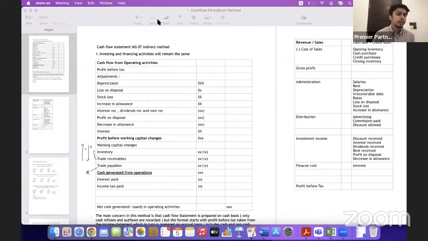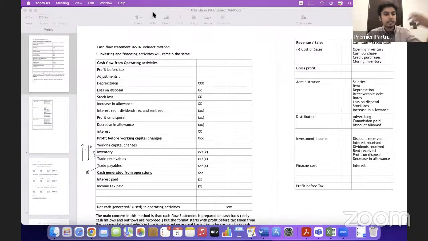Right. And guys, one more thing that you should know is for your exam, the format will be given. Now, in the ACCA, this knowledge level exam for cash flow statement, the examiner has made it as easy as possible. He will tell you exactly what you need to search.